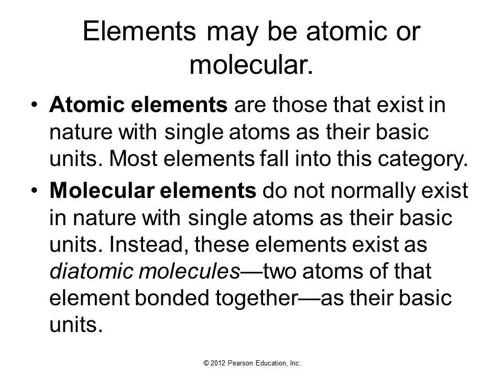Atomic elements are those that exist as single atoms. Molecular elements are those that normally are combined. Very often these are diatomic elements, two atoms that are bonded together, and that's their basic unit.